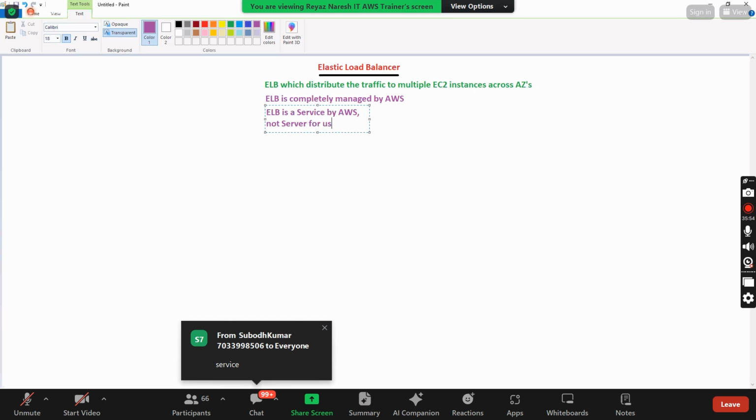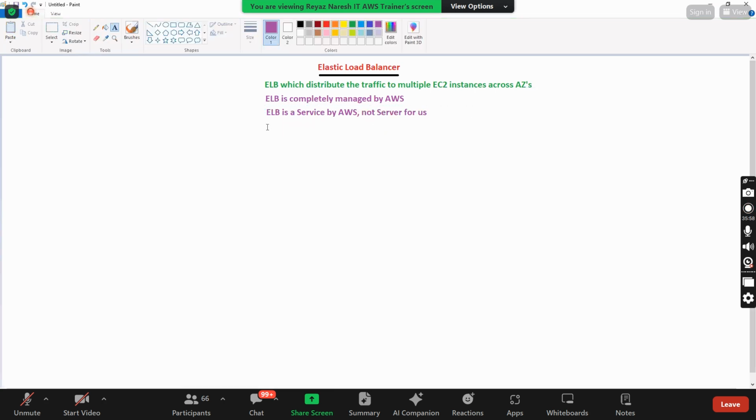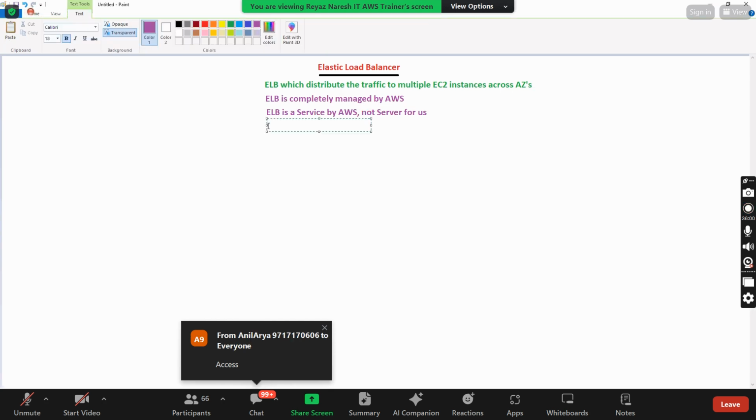Is it possible for us to log into the ELB or access the ELB? Using the DNS name. ELB can be accessed by URL, meaning DNS name. Can you log into ELB? You cannot log into ELB.